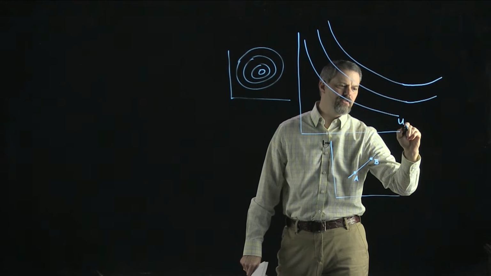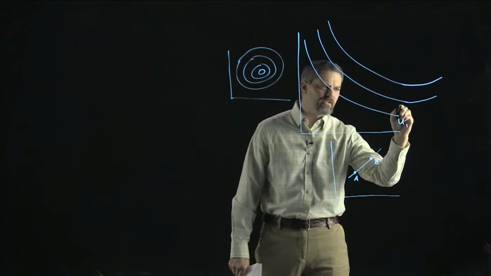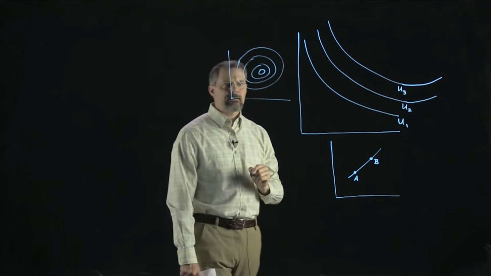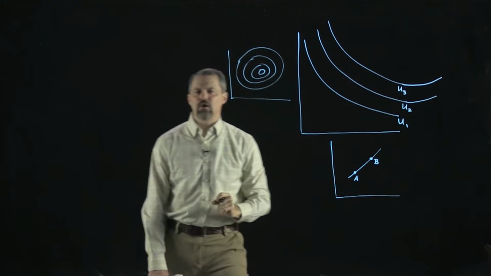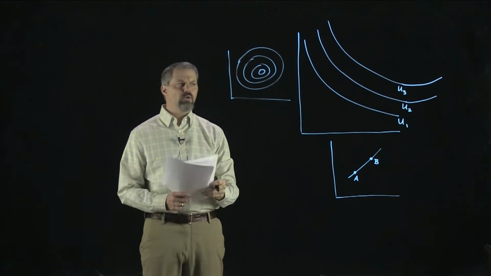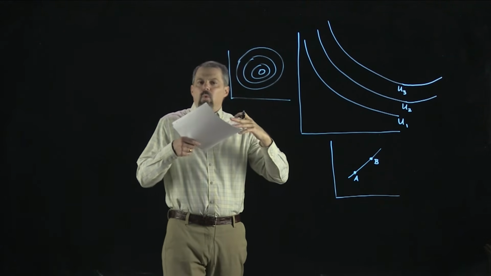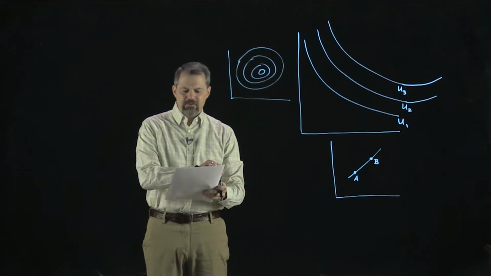This indifference curve U1 would be at a lower level of utility, a lower elevation than this indifference curve or this indifference curve. They're representing higher levels of utility as we get farther from the origin. So hopefully that gives you an idea of what this picture really represents when we're drawing these indifference curves.